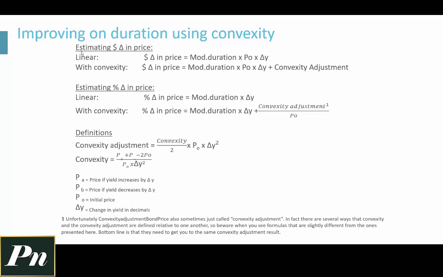It's actually not as complicated as it immediately looks when you look at this slide. So let's start up here with estimating dollar change in price. This isn't that complicated. We've been doing linear thus far. So if we want to estimate that dollar change in bond prices, which is the exercise we just did, we would basically take modified duration, multiply it by the price, and multiply the change in yield. And I'll show you here just a second.